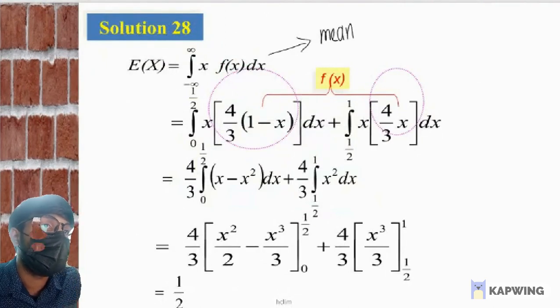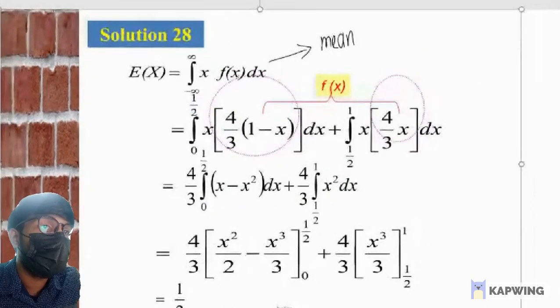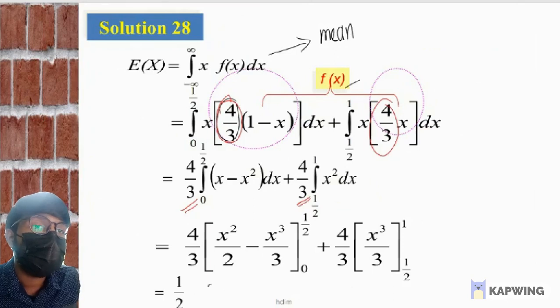We substitute the f(x) values, then do the integration. My style is to always take out the constant while doing the integration. It makes it easier to find the answer, and we can reduce our mistakes as well. We get the answer as 1 over 2.